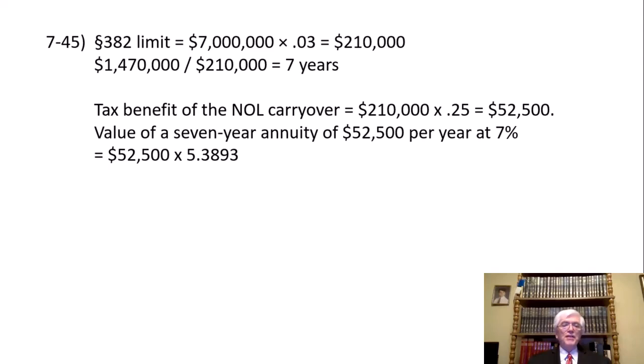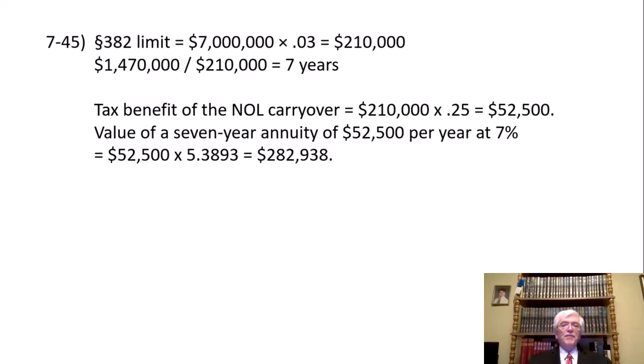You actually find the annuity factors at the end of the textbook. They've got the present value tables there. So the present value of a 7-year annuity of 52,500 at 7% a year, 52.5 times 5.3893 is 282,938. So that's how much value Zeta should place on the NOL.